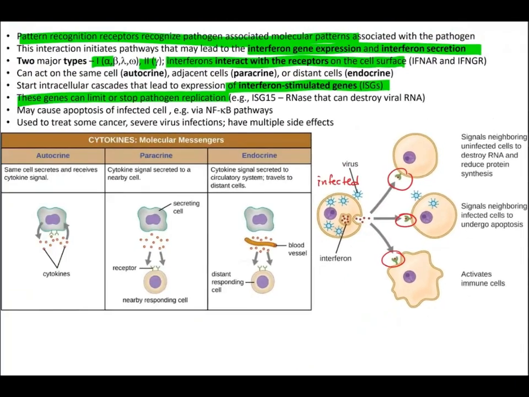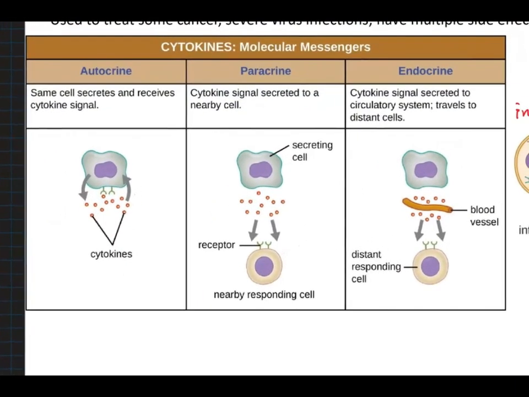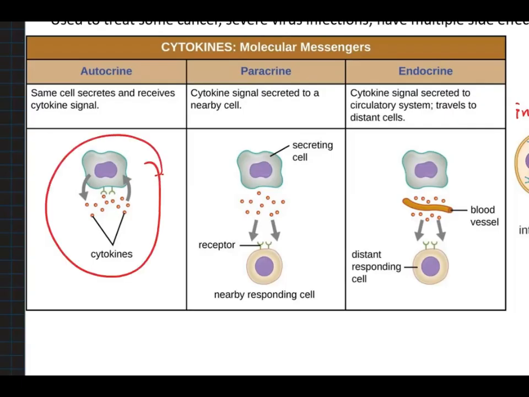And they can signal in three main ways. Actually, they can signal on the same cell that produced them. So the cell gets infected, releases interferons, interferons bind to its receptors, and send it to apoptosis. They can migrate to an adjacent cell and work with it, or they can be released in the blood and act in the endocrine fashion.